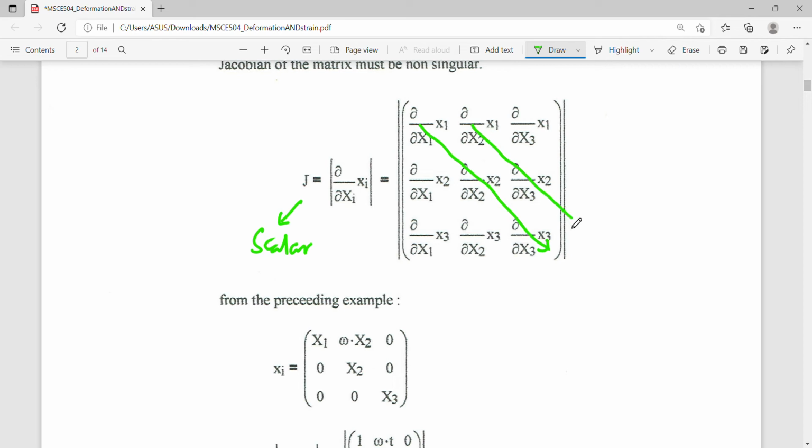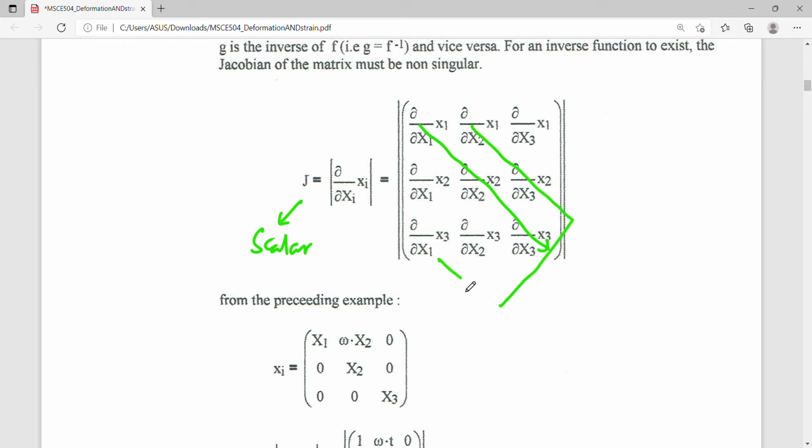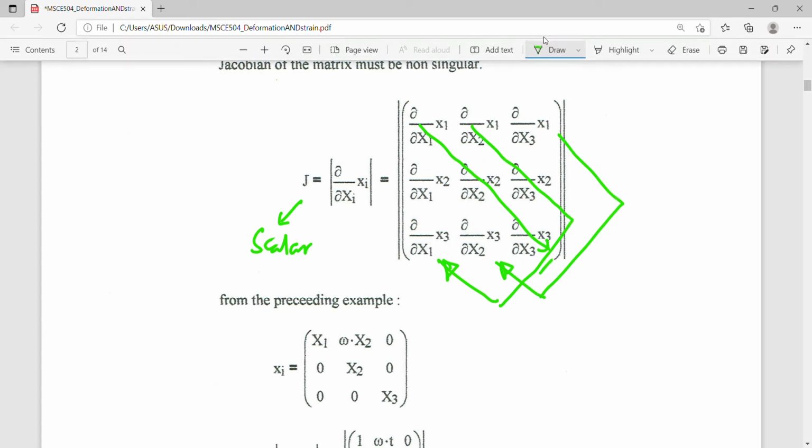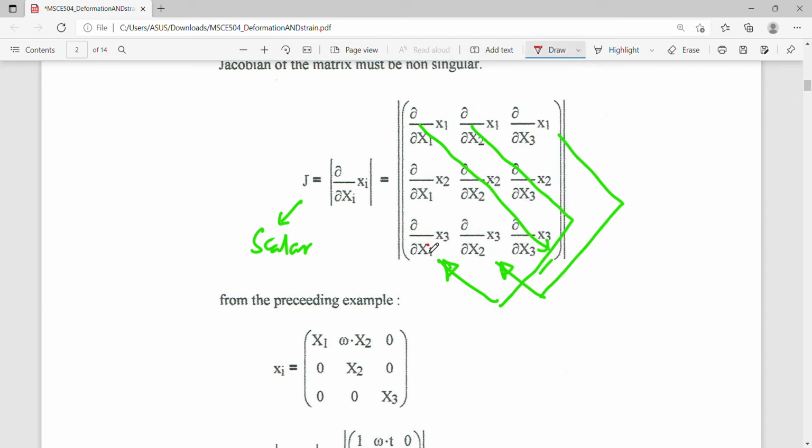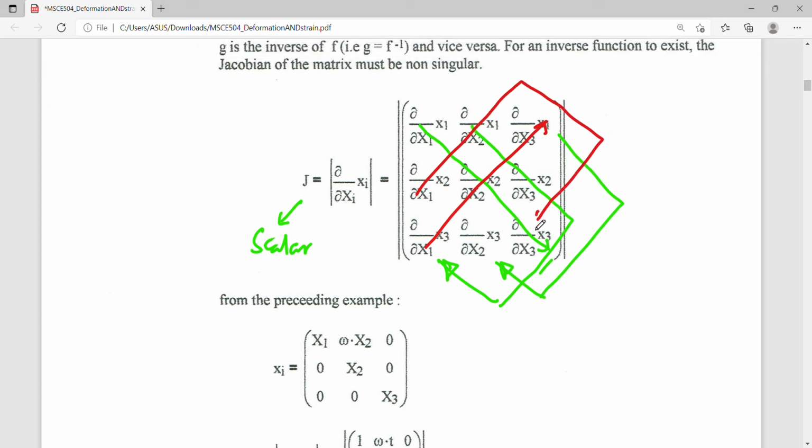In this case, we're doing a determinant, so this plus this, minus this, minus this, and this.